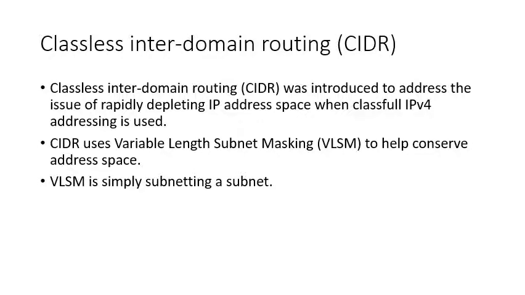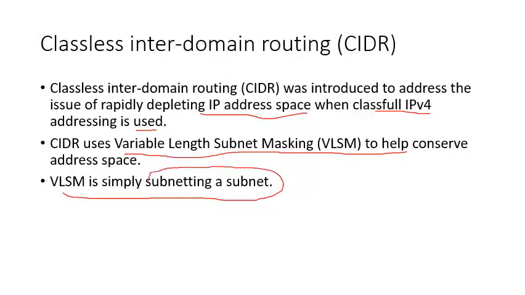Okay, CIDR, classless inter-domain routing, was introduced to address the issue of rapidly depleting IP address space when classful IPv4 addressing is used. CIDR uses variable length subnet masking to help conserve address space. VLSM is simply subnetting a subnet.